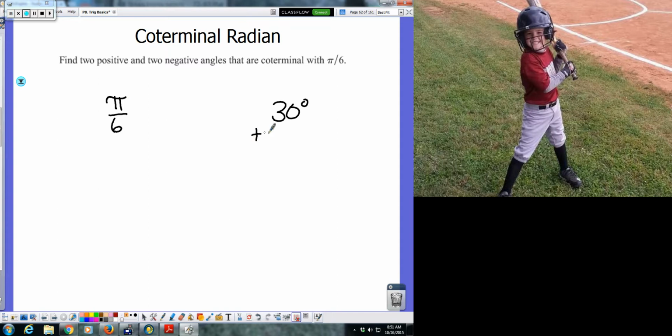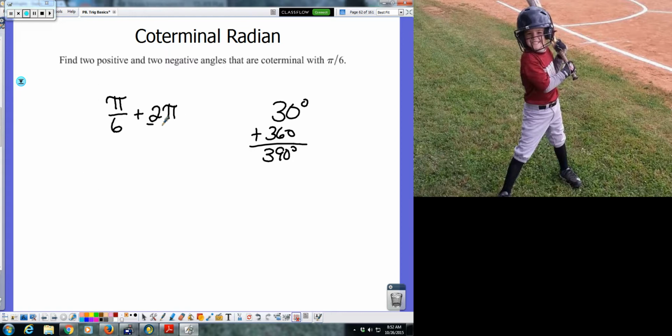So we added 360 to this, and that gave me 390, remember that first lesson, which was coterminal. I don't add 360 anymore. Somebody tell me what I add. 2 pi. If you're dealing with radians, that's 2 180s, or 360. When you're dealing with radians, a full rotation is 360 degrees, or 2 pi radians.